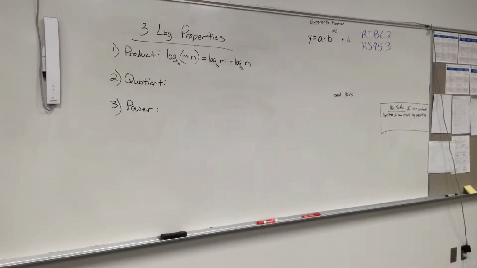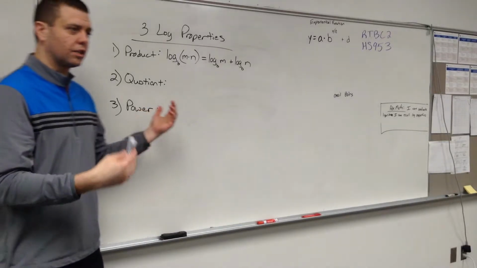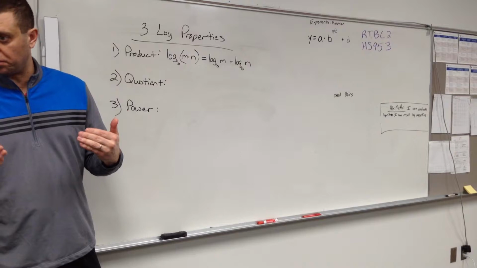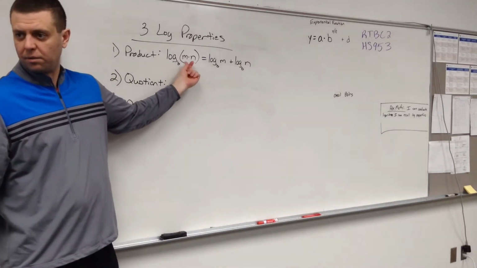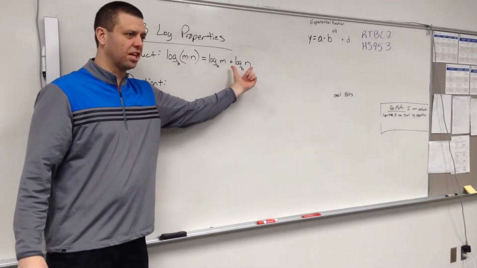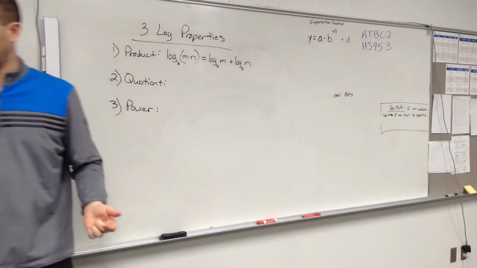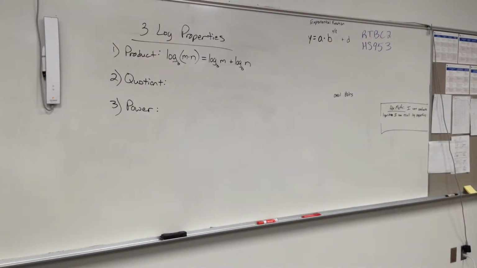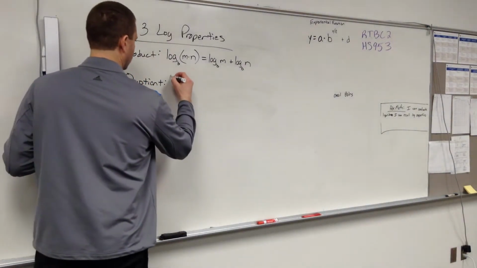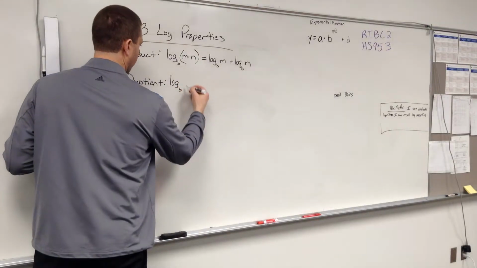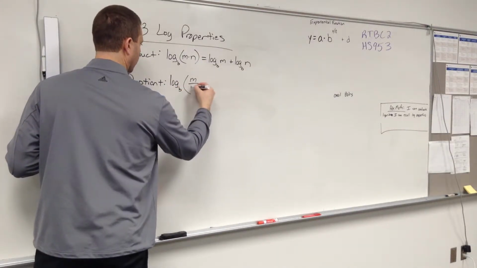Why does it work? Well, logarithms are exponents, so they follow all those exponent rules. Anytime you're multiplying with exponents, you add the exponents together. I won't go through as much detail with this one.